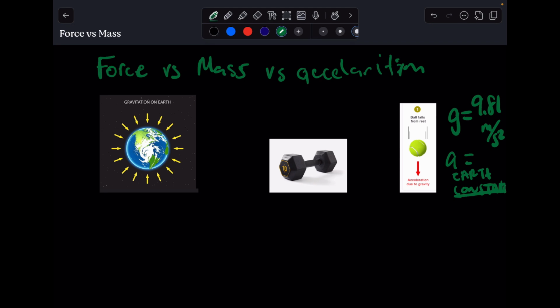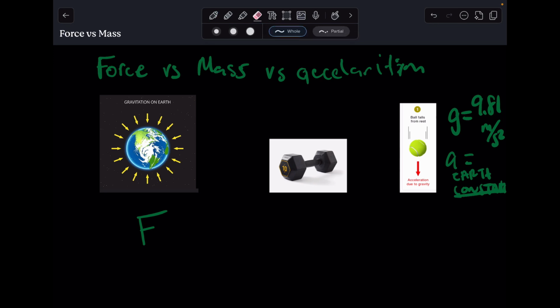So if we take a look at this, we can say the force of gravity, again, we're making the assumption this is Earth. I can just say force, actually, and get rid of gravity, because we already assumed we're only working on Earth.